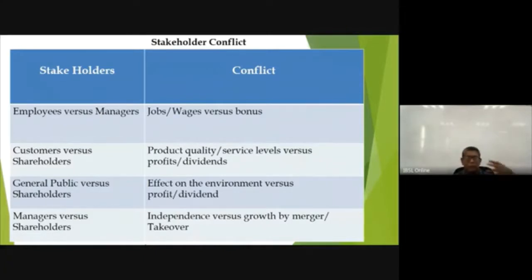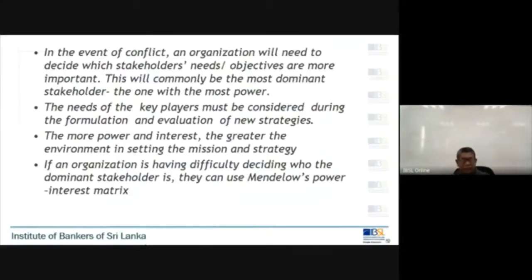There are many sources: wages and bonuses, customers concerned about quality, the general public concerned about environmental issues, and managers and shareholders in conflict about salary as well as takeovers and mergers. So there are a lot of conflicts.